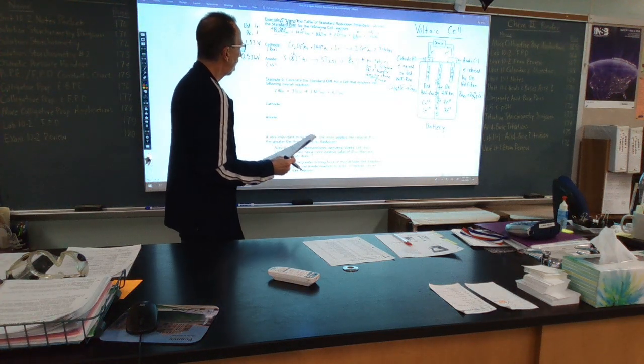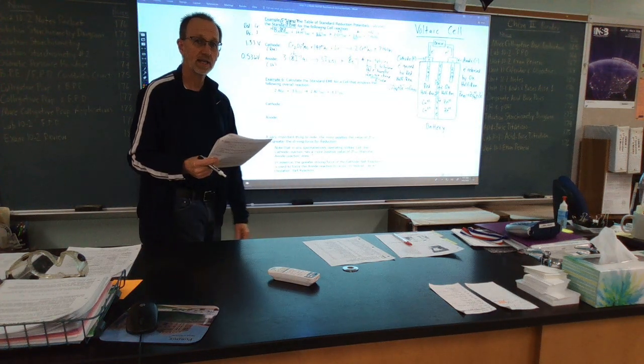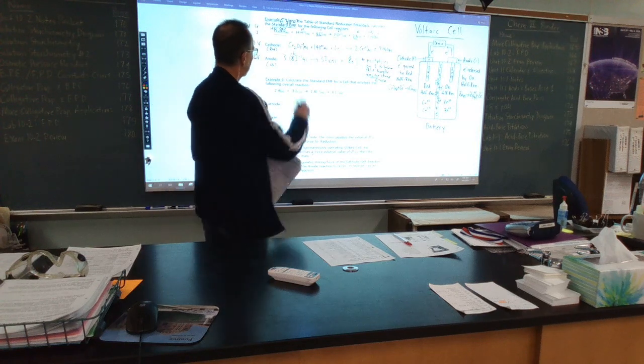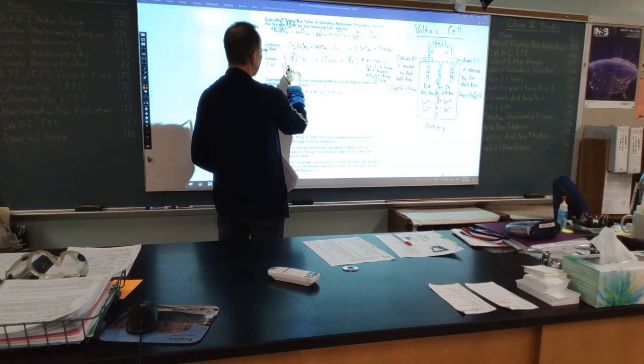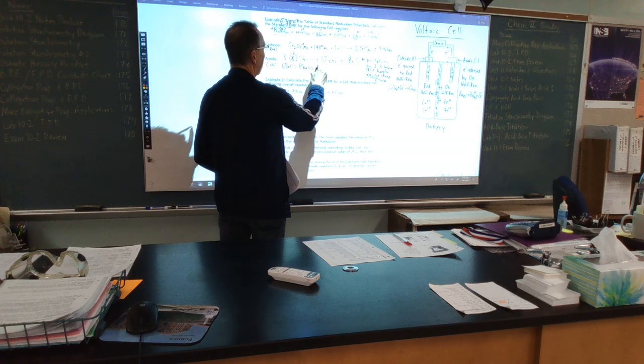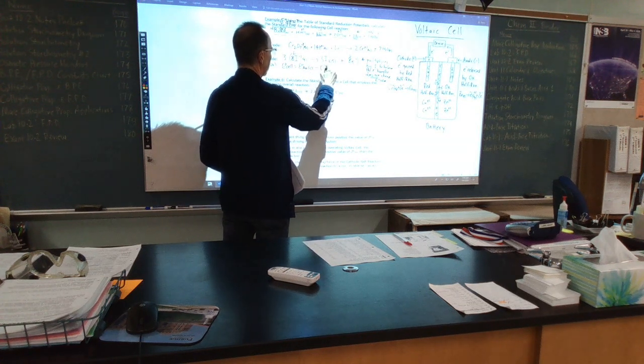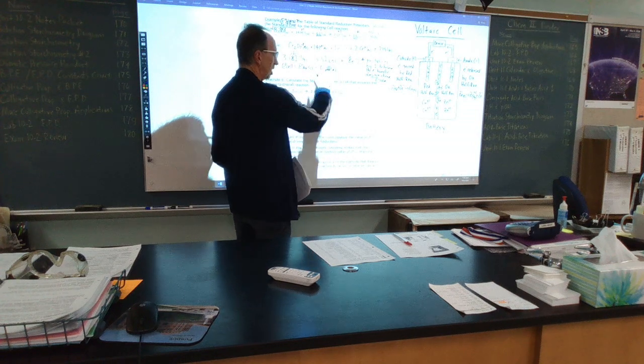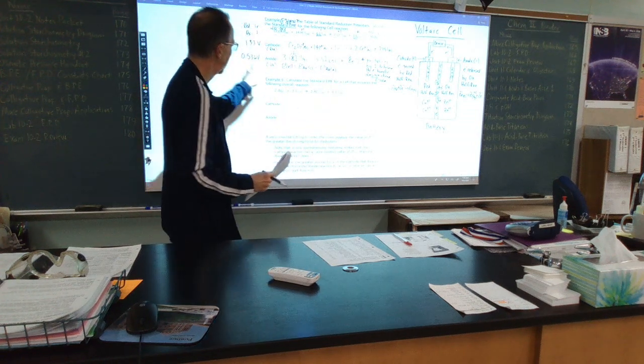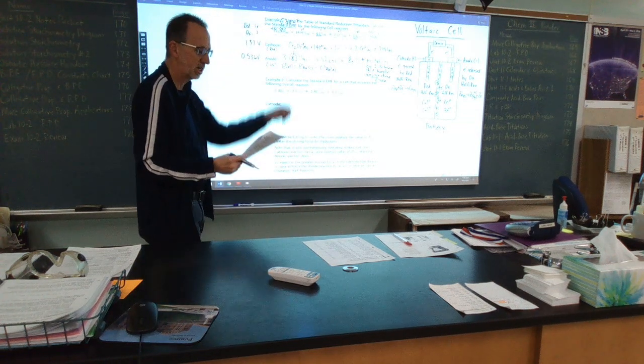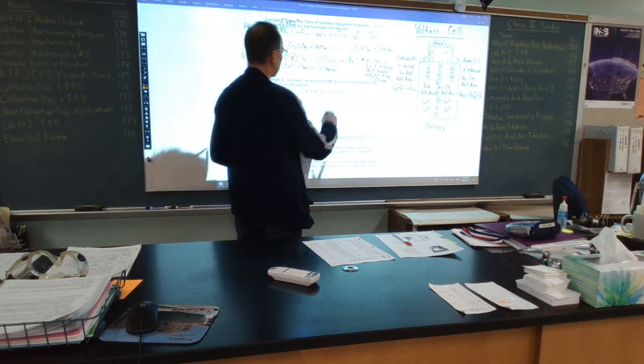So we are now ready to calculate E cell. E cell then is E reduction cathode minus E reduction anode. Again, using the minus method, we do not have to change the sign on this. The equation does it for us.